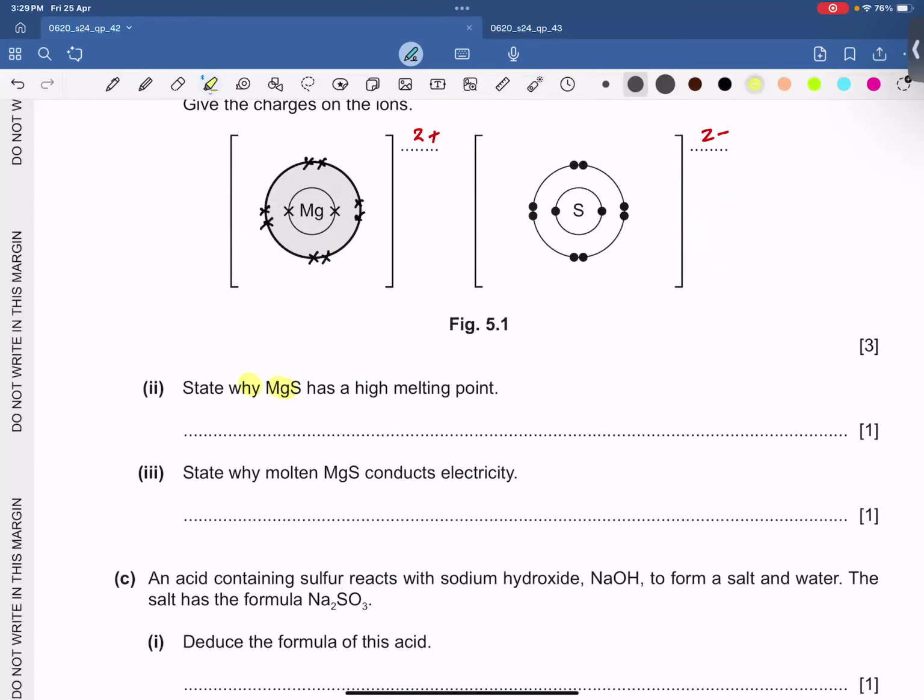Suggest why MgS has the highest melting point, for 1 mark, 1 line. So the one-liner answer is: it exhibits a giant ionic lattice with strong electrostatic attraction.